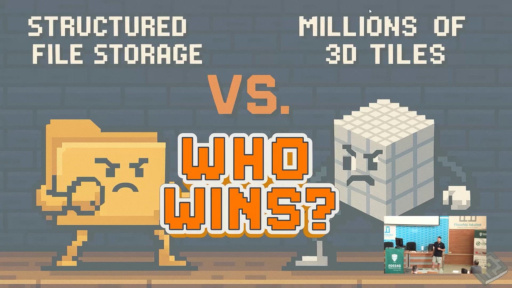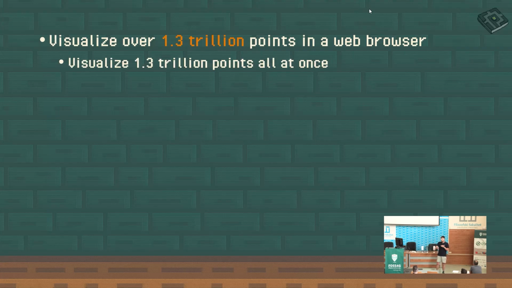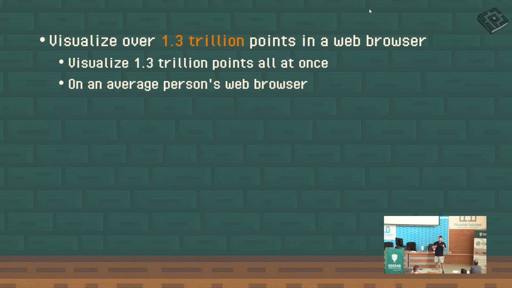So don't go away. Our project was to visualize over 1.3 trillion points in a web browser. So it's 1.3 trillion points all at once on an average user's computer in their web browser. It is quite a challenge.